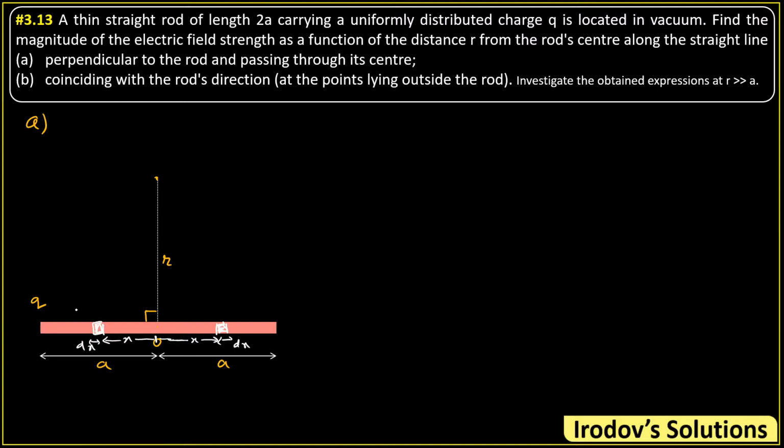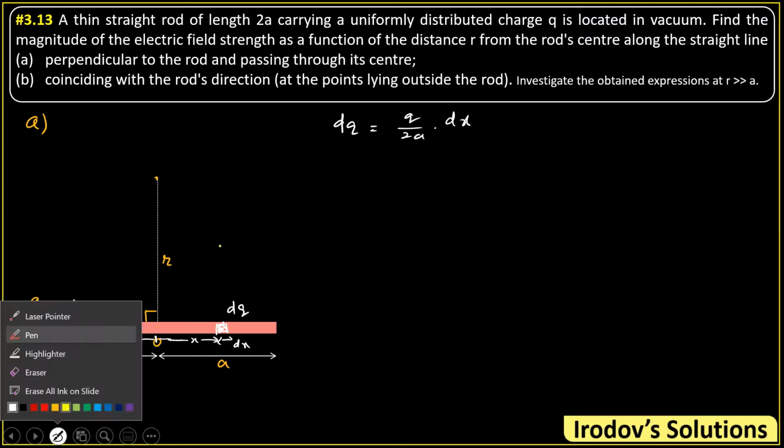The charge on these elements is, say, dq. So dq will be the charge per unit length, that is q upon 2a, times the width of the element, which is dx. Because of these elements, we want to find the electric field at the required point.